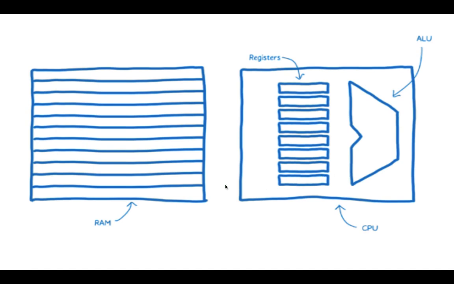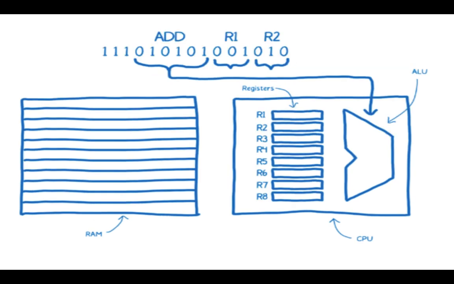And a long-term memory called RAM exists to store longer sets of instructions. The programs themselves exist in RAM. So that's the architecture of a computer, of the machine.